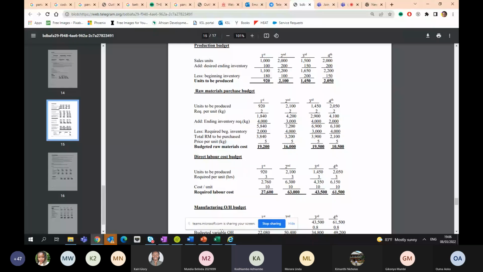Then remember you put what you require plus what you need at the end minus what you have in the beginning. Then the difference is the units that need to be purchased. Then you multiply it by the cost per unit, and you get to 19,200 and the rest. Any question on that before we move to labor?